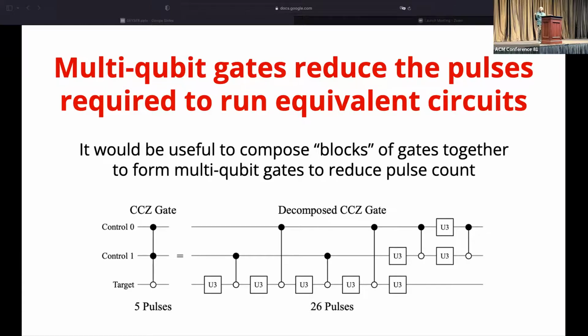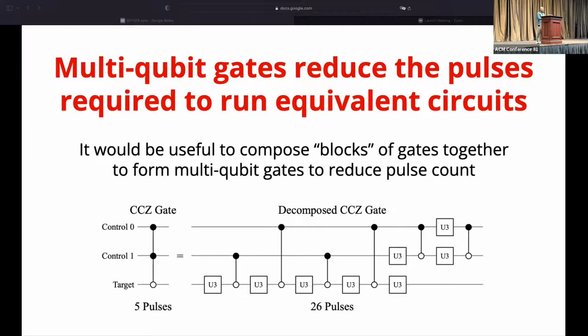If we were to run it using 1- and 2-qubit gates, we would have to apply a total of 26 pulses. But if we were to apply the CCZ gate directly, we would only have to apply 5 pulses. So it's in our interest to take the decomposed versions of these gates and compose them into the CCZ gate so that we can apply the same operation with much fewer pulses.